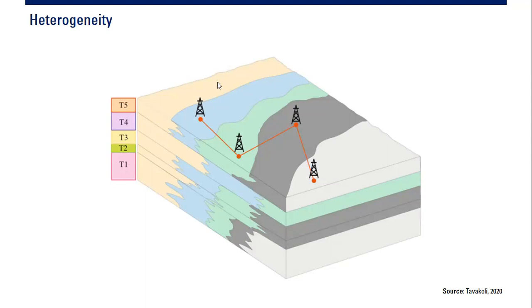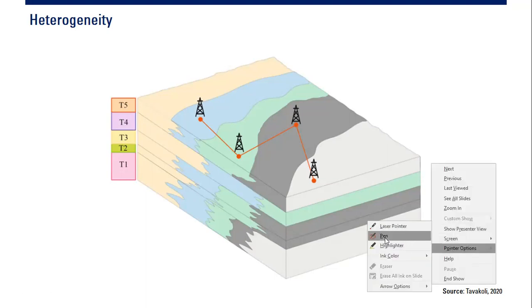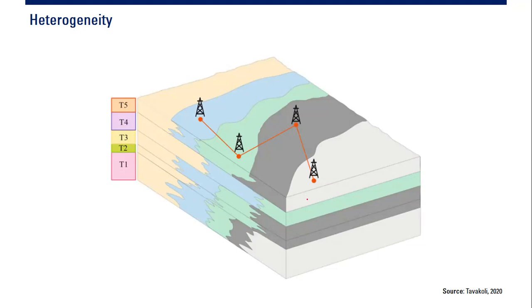Vertically, for example, based on this picture, you see the vertical properties are different. You can just see the color. The colors are different. It shows that the properties are different. Maybe the porosity, maybe the permeability, maybe the saturation, all right?